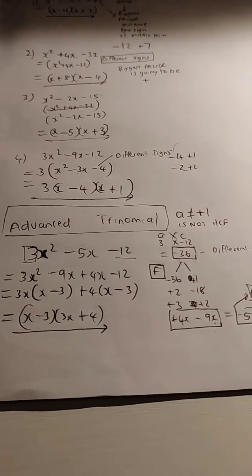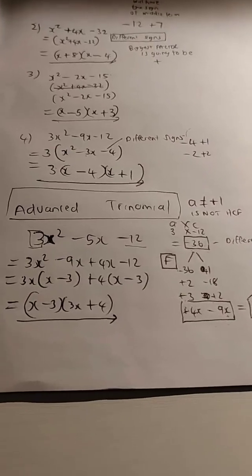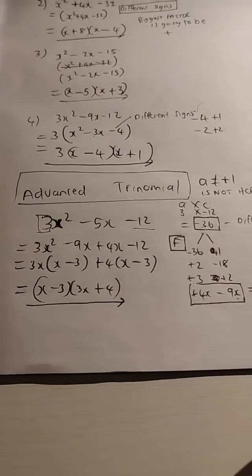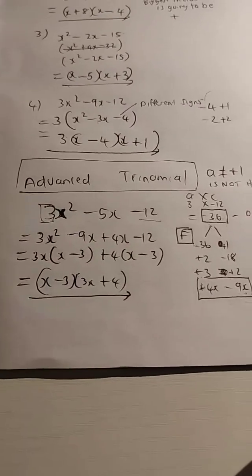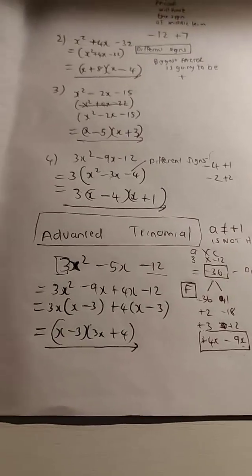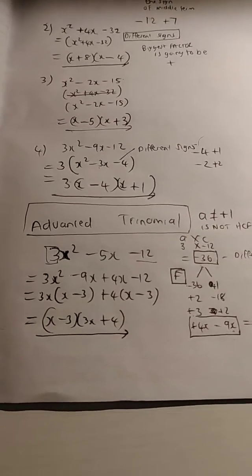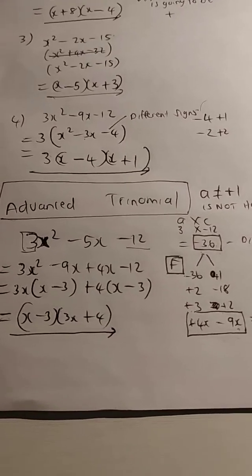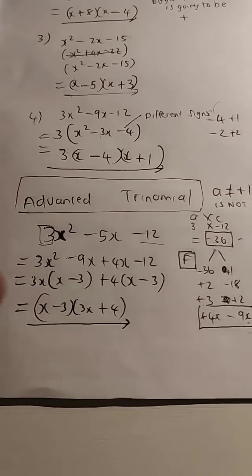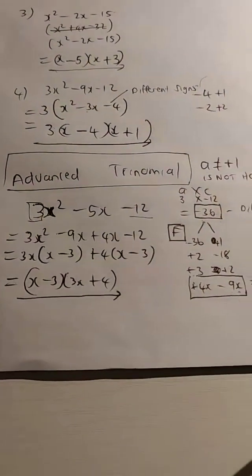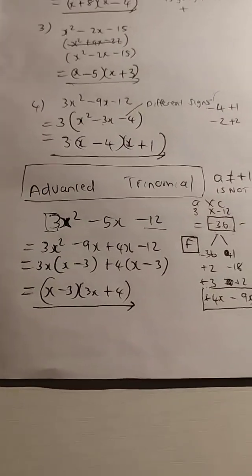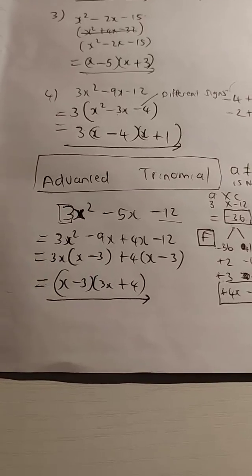There are various other methods, but I think this method also helps polish your grouping factorization skills. So it's like 2 in 1. It kills 2 birds with 1 stone, because the last part of the method incorporates grouping factorization.